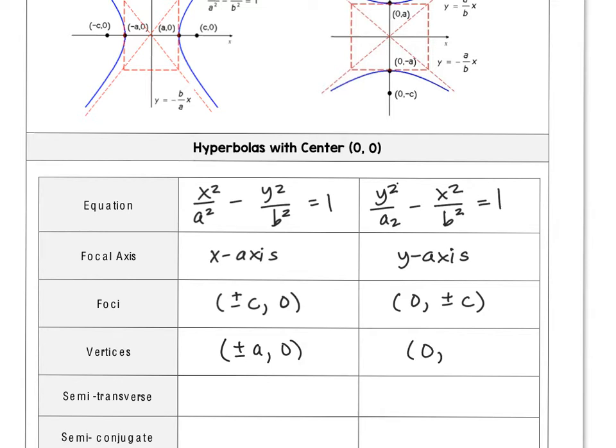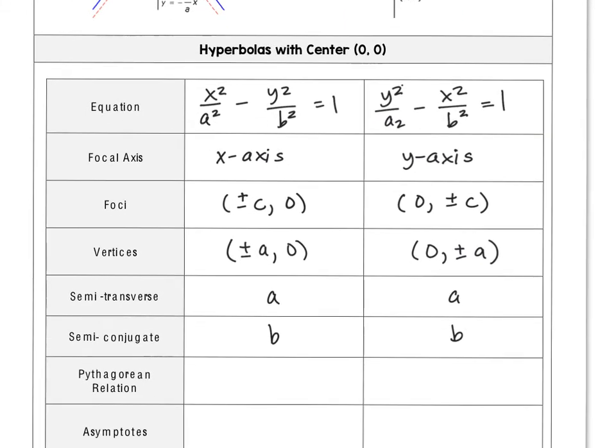This one's 0, and plus or minus the a, because it just depends on whether it's through the x-axis or the y-axis. The semi-transverse axis on both of these would be a. The semi-conjugate would be the b. The Pythagorean relation is basically the same as the Pythagorean theorem, where you have a squared plus b squared equals c squared.